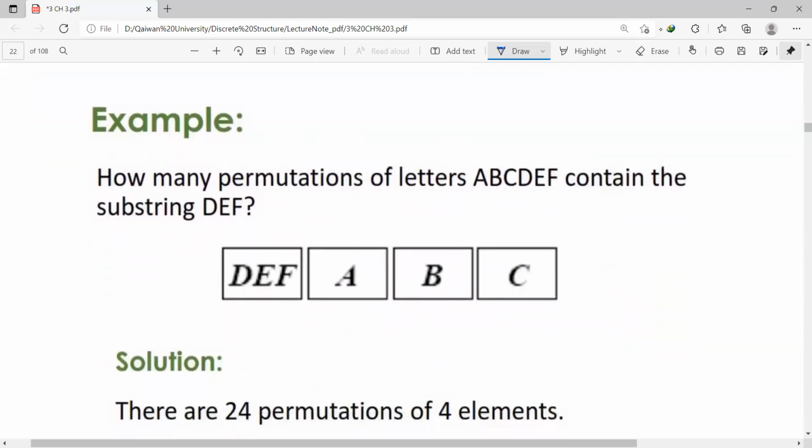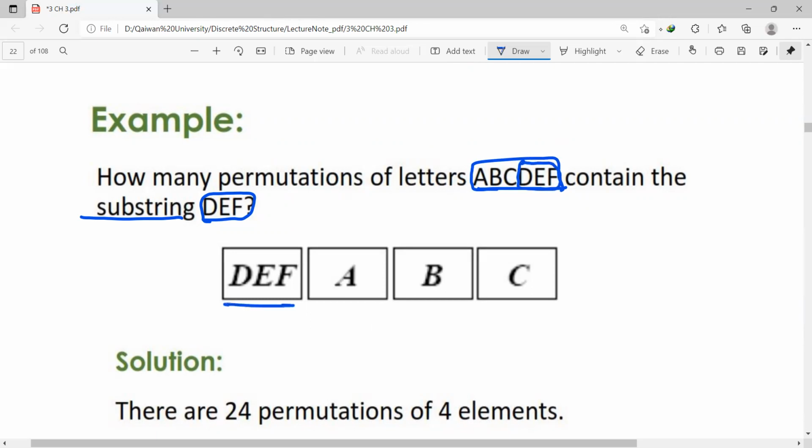And here we have another example. It says, how many permutations of letters A, B, C, D, E, and F contain the substring DEF? Here we have A, B, C, D, E, F. How many permutations do you have for these letters, with D, E, and F always together?